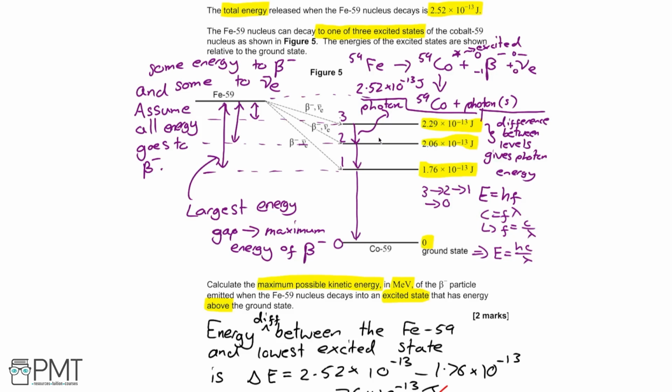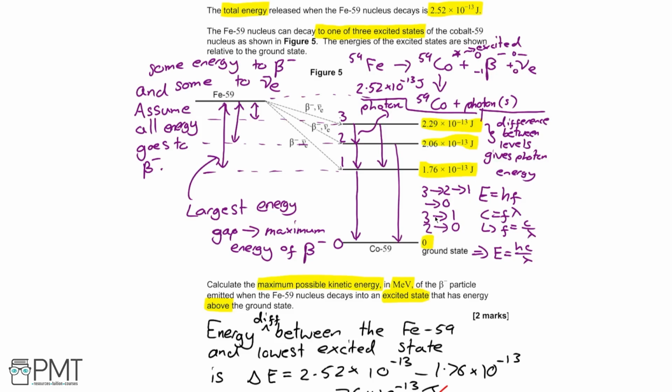Now, I could also go straight from 3 to 1, like so, and then I could decay to the ground state through the 1 to 0 one, as already mentioned. Another photon we could get then from level 2 to level 0, since this corresponds to a different energy difference again.